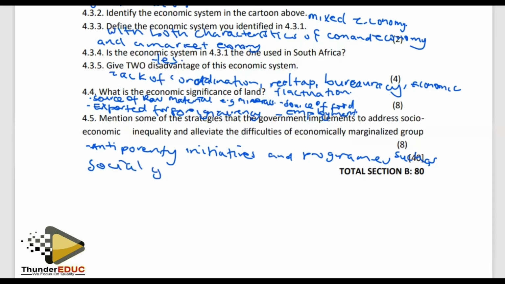These can help to alleviate economic marginalization and improve service delivery in poor communities.